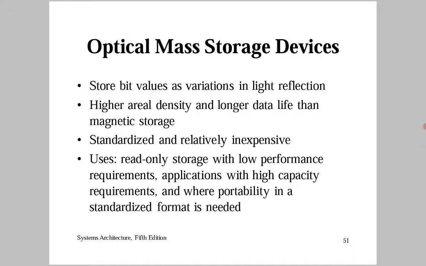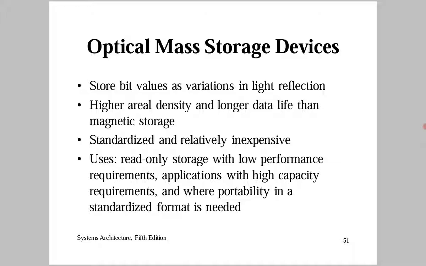So another important storage device which we use very frequently is the optical mass storage devices, or optical storage devices. What do optical storage devices mean? The best examples are CD drives, CD-ROMs and DVD-ROMs. What is a CD-ROM?